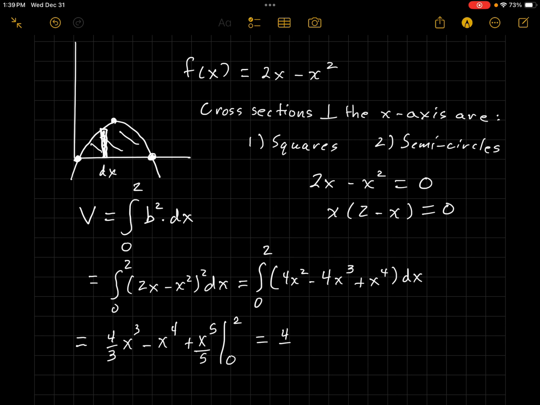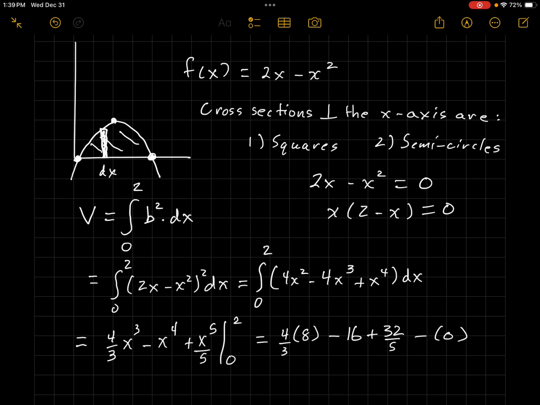So I can plug in the 2. I get 4/3 times 2 cubed minus 2 to the 4th plus 2 to the 5th over 5. Subtract the bottom limit. We don't really need to because it's 0, but I'll put it there anyway. And then, as normal, simplify as desired.